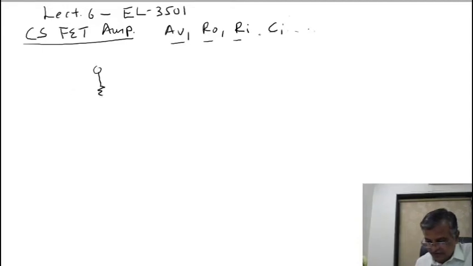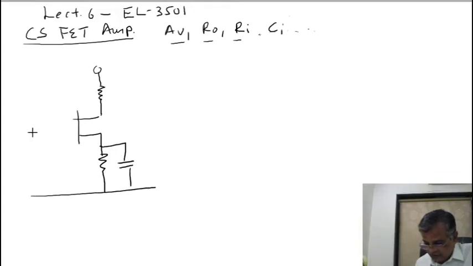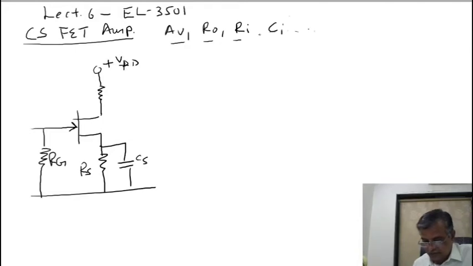In the last lecture, this is the circuit diagram of a common source amplifier that I have drawn here. This is your N channel FET. This is the resistance RG. This is RS, CS. This is supply plus VDD.